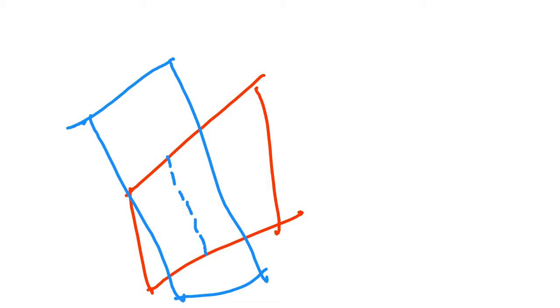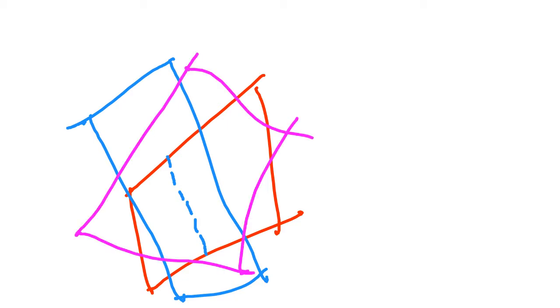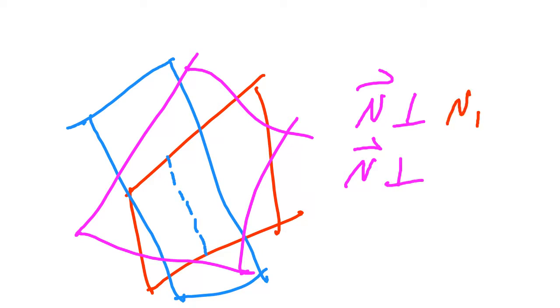And then I want to come up with a third plane that's perpendicular to both of those other planes. And so the normal vector for the purple one is going to be perpendicular to both the other normal vectors, the normal vector for the first plane and the normal vector for the second plane, right?